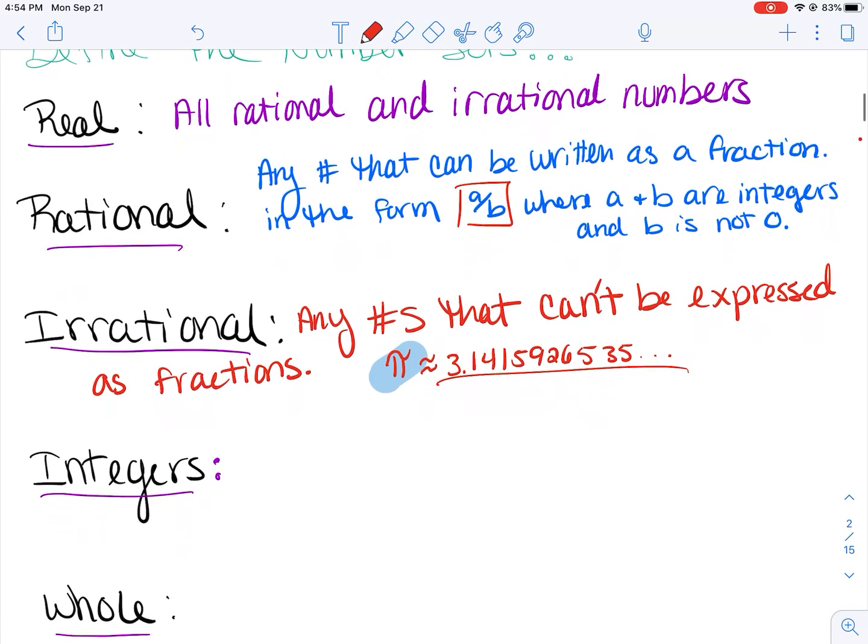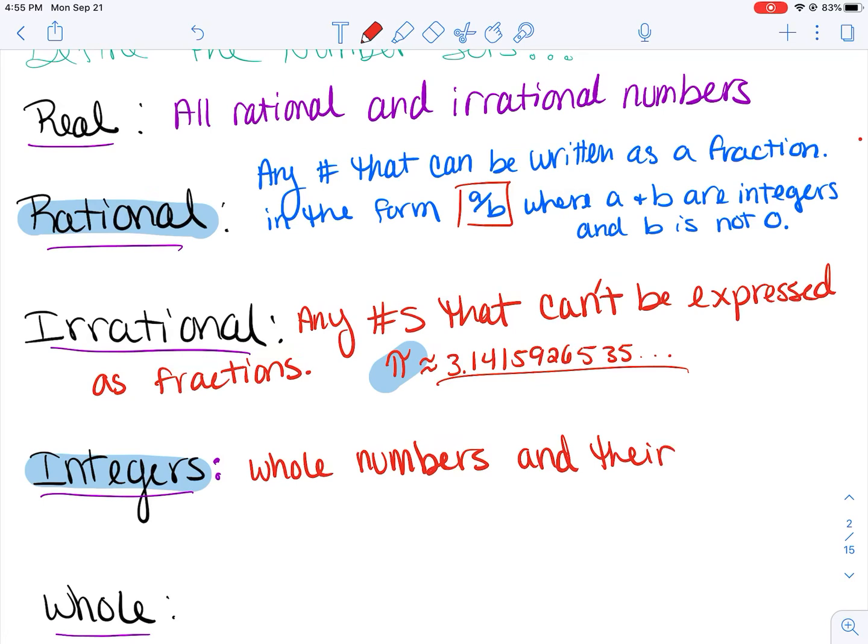Now we get into some of the other types of numbers that are falling under the rational numbers. So rational numbers, part of those are the integers. When I like to think about your integers, I think of your number line numbers, okay? So anything that's on a number line. So it's the whole numbers and their opposites.